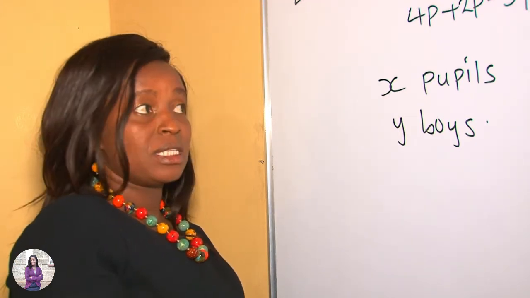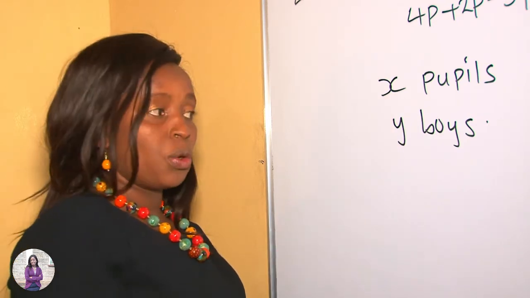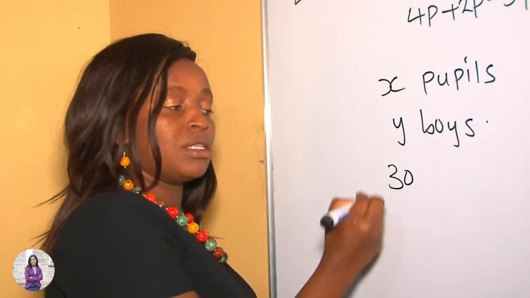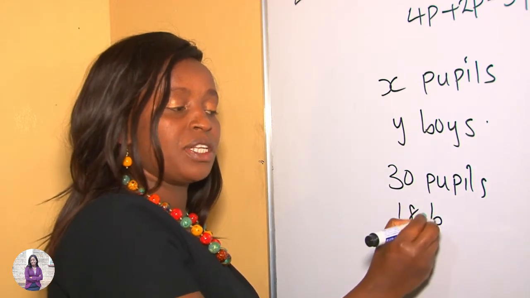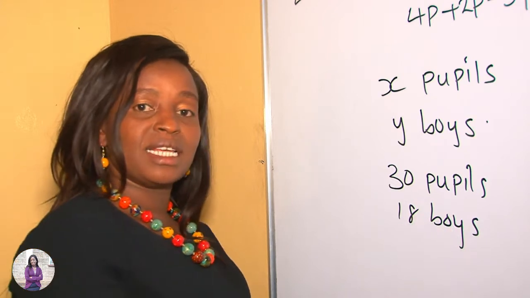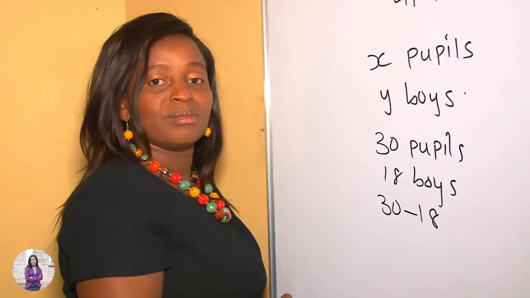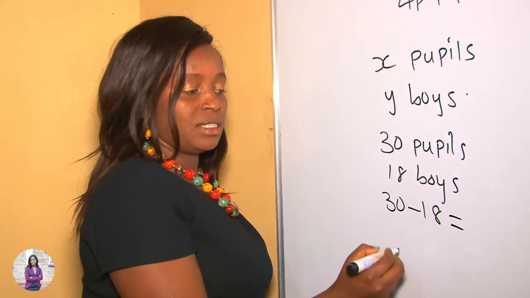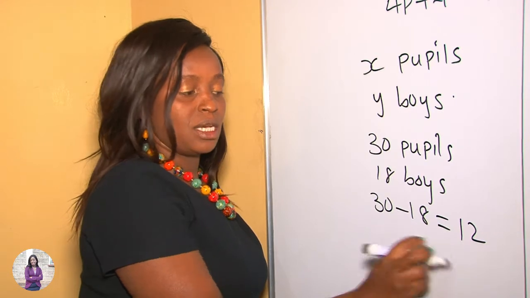We'll say 30 take away 18 to get 12, and 12 will be the number of girls.